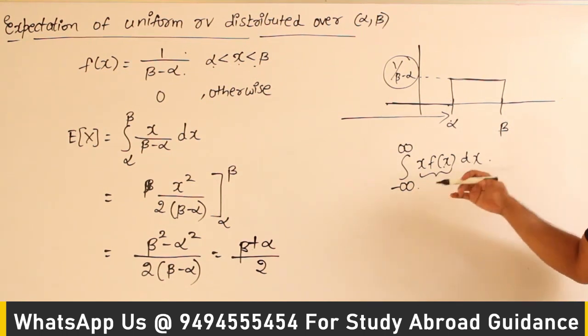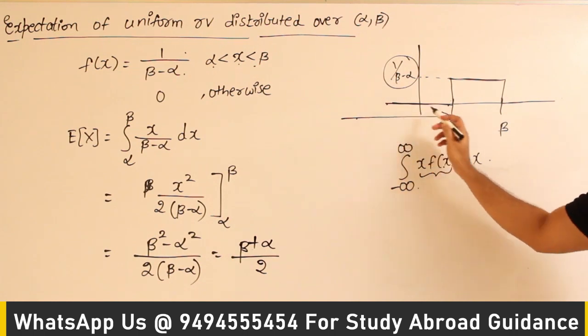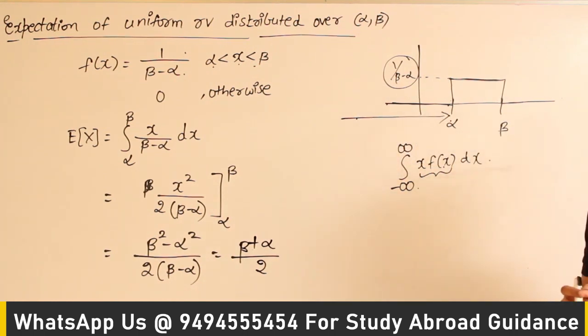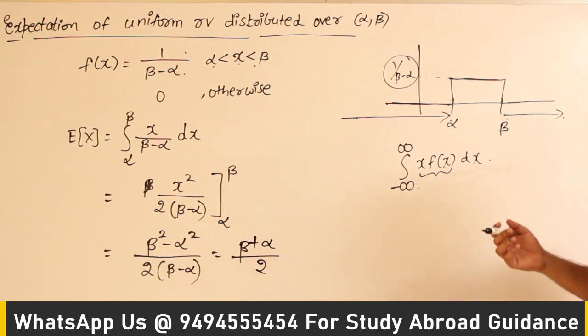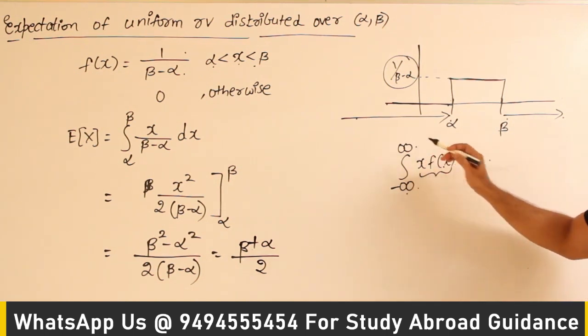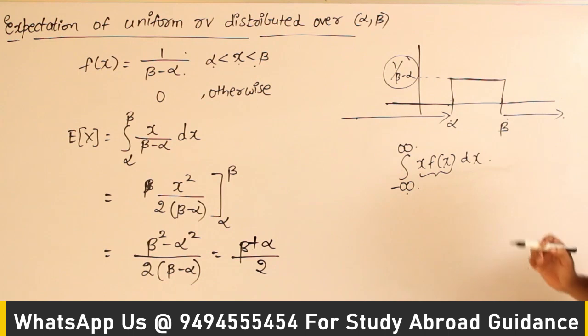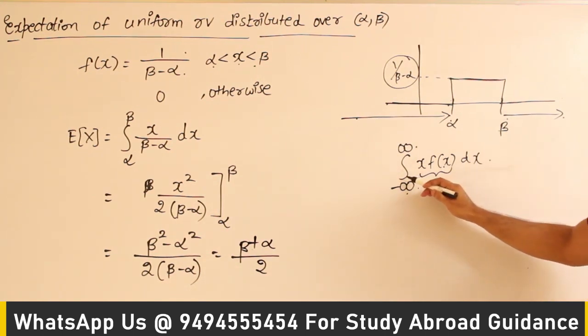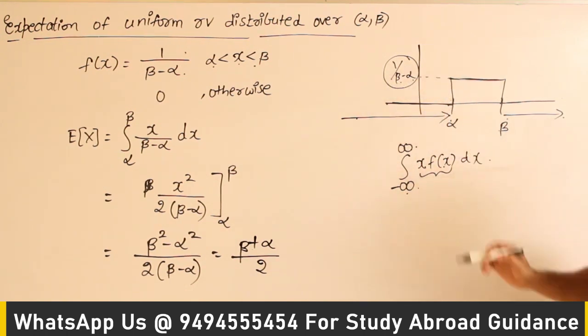So I can cut it off. From beta to infinity, again f of x is 0, so that part will also be 0. What will be remaining? Only the part from alpha to beta. Therefore expectation is nothing but integral alpha to beta x into 1 by beta minus alpha dx.